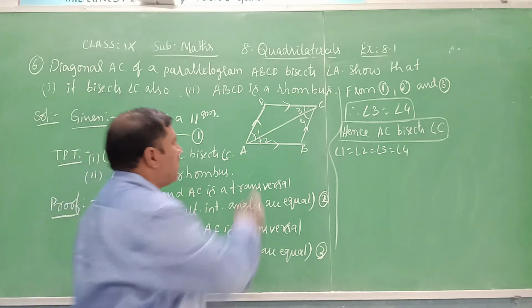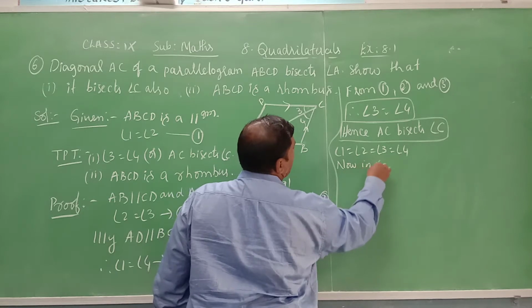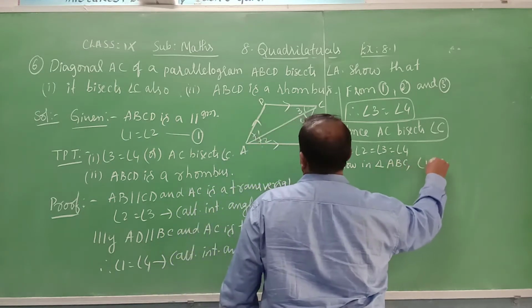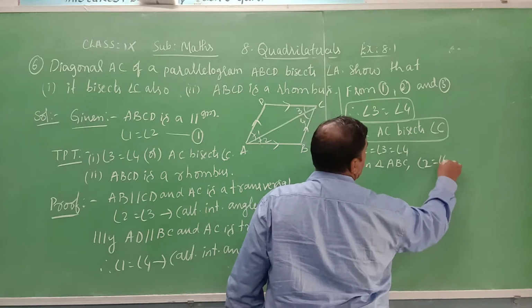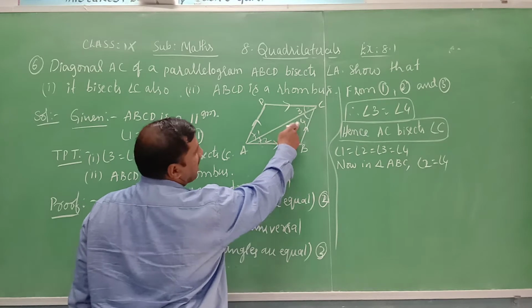Now in triangle ABC, angle 2 is equal to angle 4.